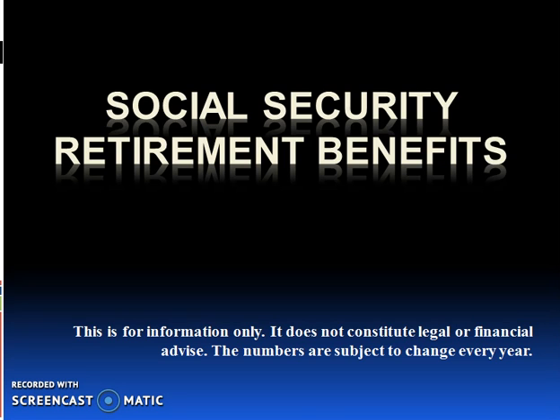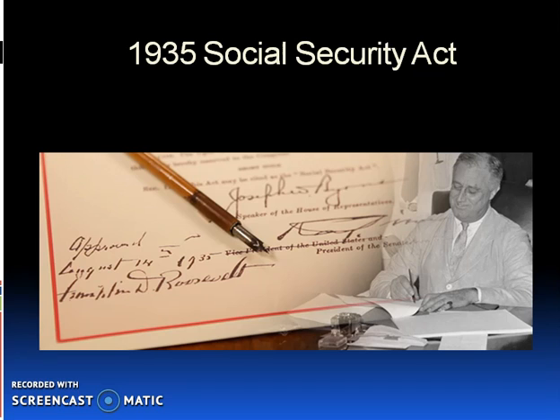All right, so Social Security began back in 1935 following the stock market crash of 1929. America fell into an economic depression. Unemployment at that time exceeded 25%, and about 10,000 banks failed.